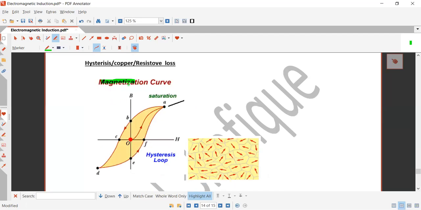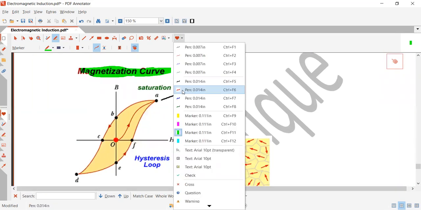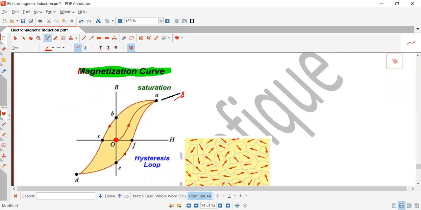Okay. So this was the magnetization curve, and let me remind you what the things were called here. This was called saturation, point A, and students, this was called what? Retentivity, and this was called what? Coercivity.